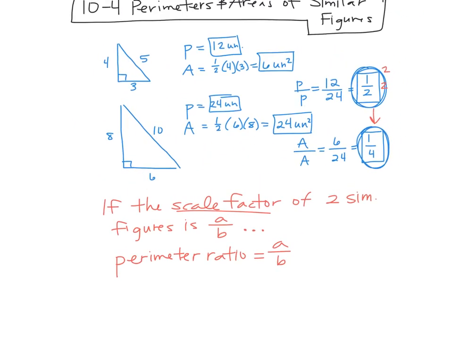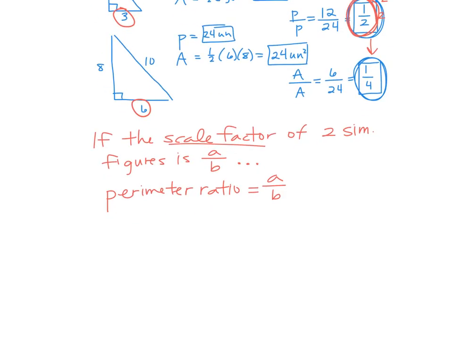If we look at this picture up here, my scale factor is 3 to 6, which is 1 to 2. My perimeter was also 1 to 2. So whatever your scale factor is, that will be your perimeter ratio. That'll be the relationship between the perimeters.